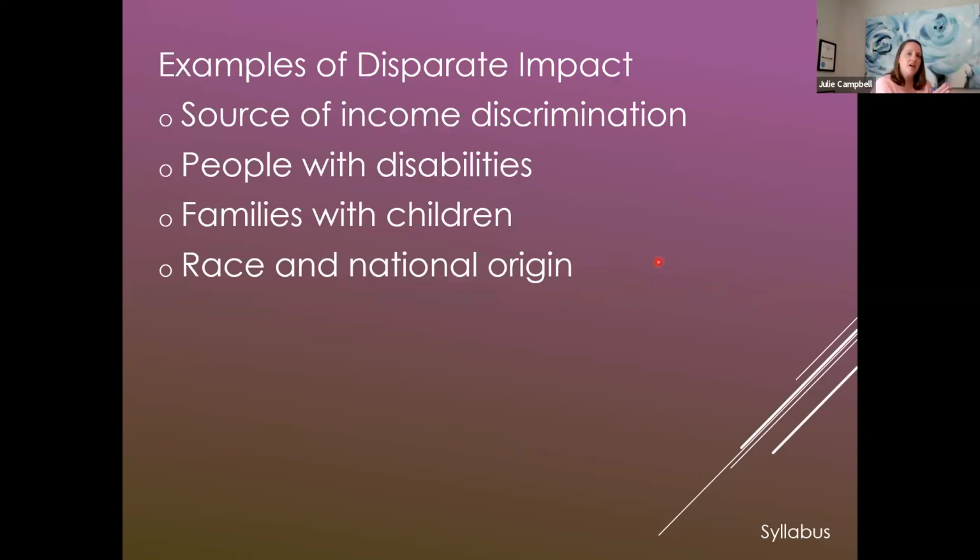Some sources, just some examples of where else we might see disparate impact. The landlord, for example, can deny housing based on no income. The landlord can request to view your income history. What they can't discriminate against is the source of the income, assuming that your income is coming from a legal source. So the landlord can request to see your income, make sure that you can afford to pay rent, but they cannot discriminate.